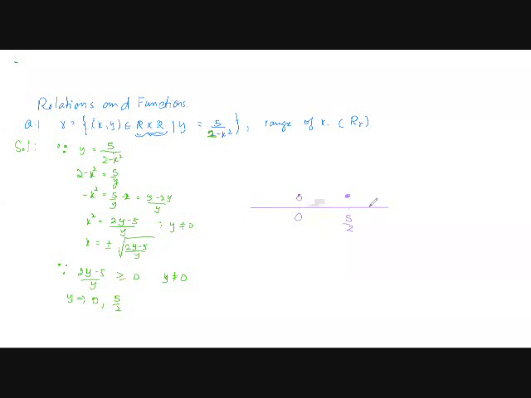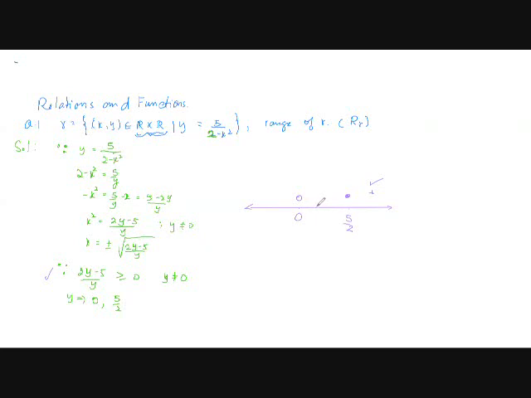Now we do testing points. You can test any point which is greater than 5/2. 5/2 is 2.5, so you can try like number 3, right? Replace 3 in here. So 2 times 3 minus 5 over 3, it becomes a plus sign, which is greater than 0. Yes, so this one becomes plus sign, so it works. Now you can test in the middle between 0 and 5/2.